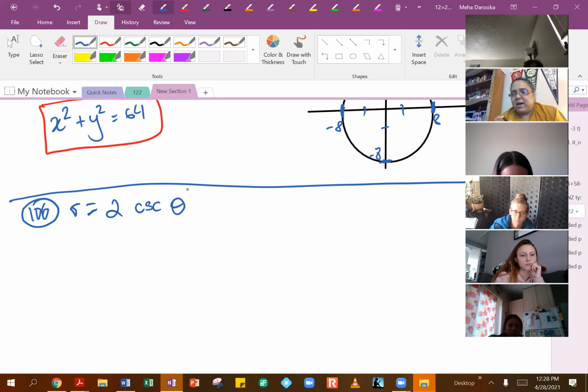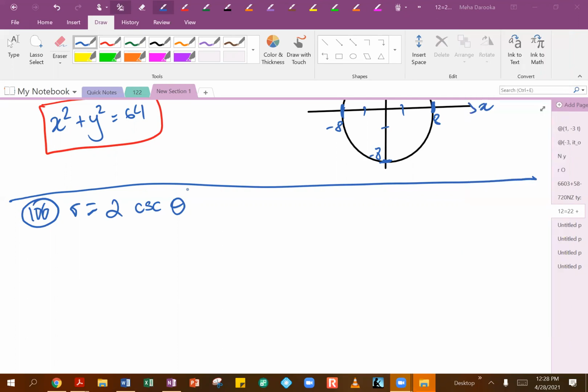How do we normally define cosecant theta? Very nice, Katie. Yeah. So you've got cosecant theta equals 1 over sine theta.